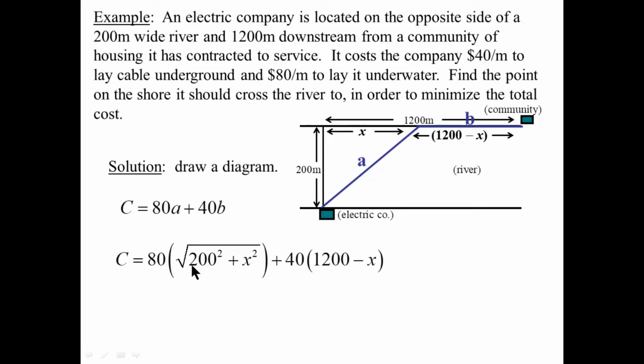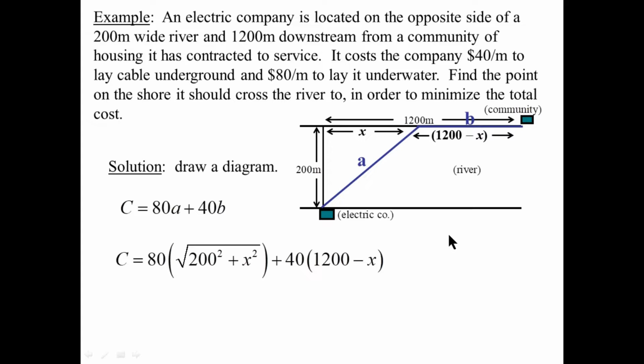So A has been replaced by the square root of 200 squared plus x squared. The use of Pythagoras in math class, very popular formula. Meanwhile, B will be very simple. It will be 1200 minus x times 40. And we have an expression for cost in one variable.